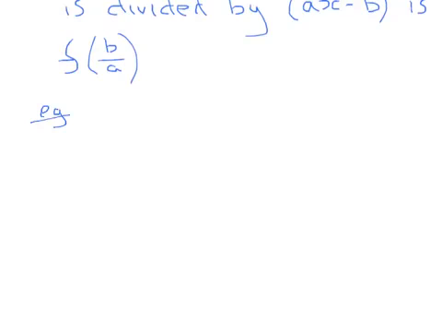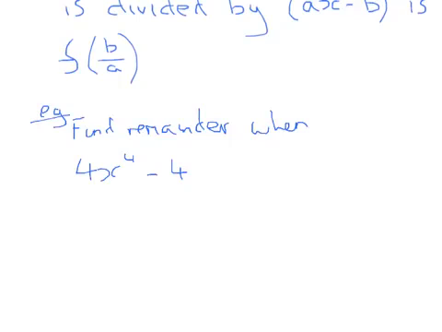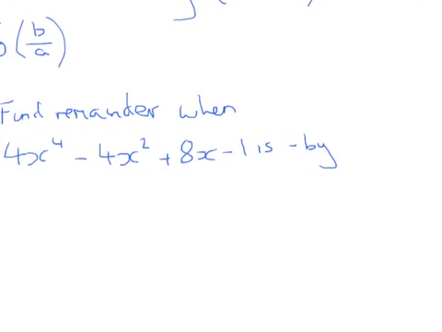So a quick example, let's find the remainder when 4x to the 4 minus 4x squared plus 8x minus 1 is divided by 2x minus 1.